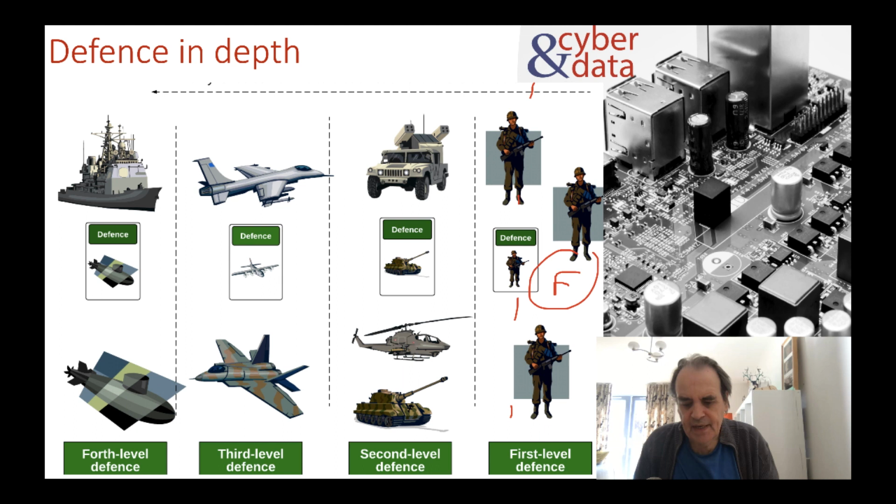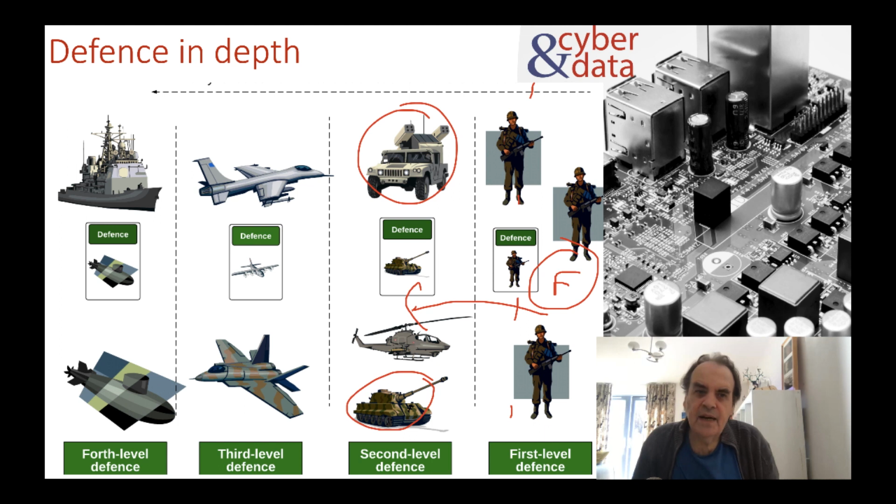So this is typically an external perimeter firewall that is fairly lightweight, but it will stop at least low-level attacks. As we go through, we get heavier defences, and this may be in terms of requiring passwords or certain credentials to get into the next level.